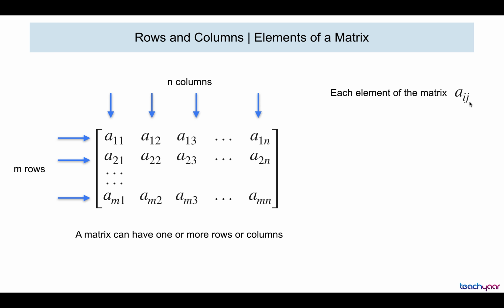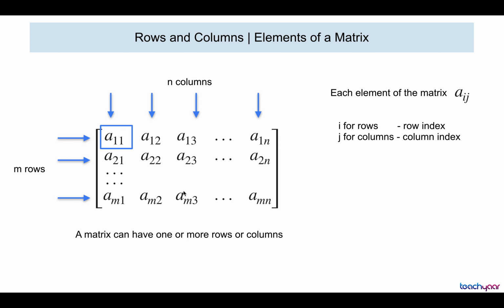So the second index, which is j, indicates which column it is. So i is the row index and j is the column index. The first element, for example, which is the first row, first column, is A11. If it's the mth row, third column, it's Am3. So that's matrix notation.